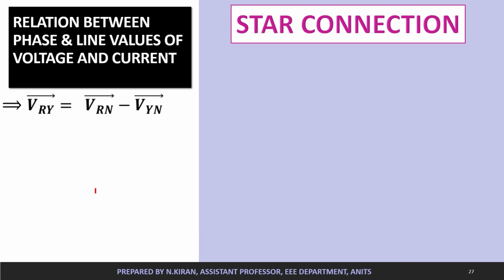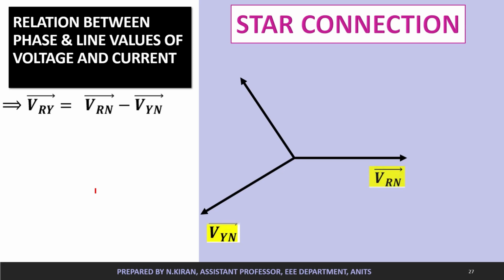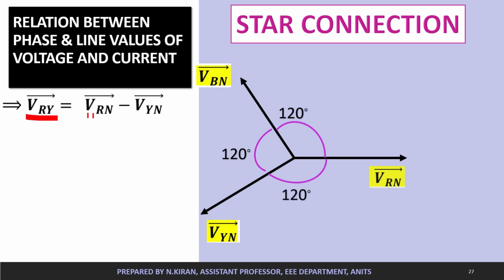In star connection, all three phase voltages, VRN, VYN and VBN, are equally displaced by 120 degrees as shown in the phasor diagram. Now my objective is to obtain the phasor VRY. It is obtained by doing the phasor sum of VRN and minus VYN. I already have my phasor VRN.